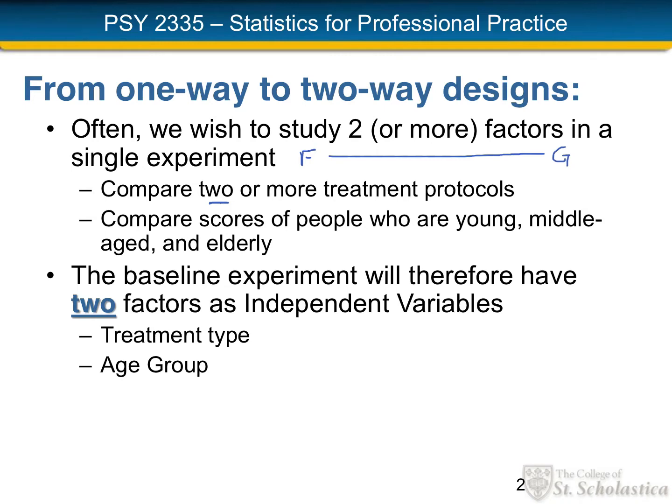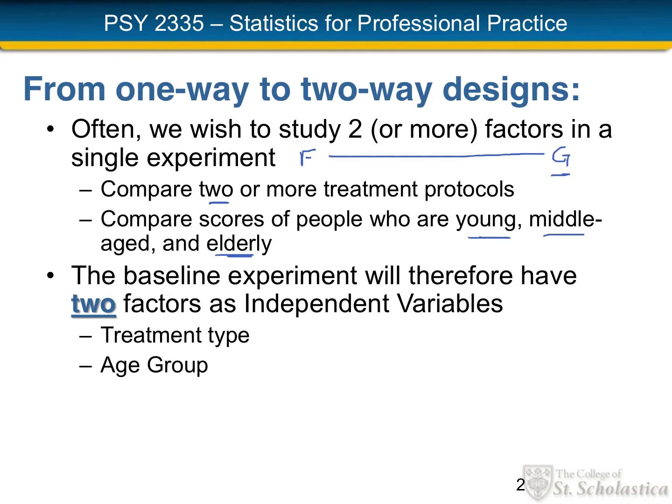It would be possible to look at, say, young people, perhaps people of grade school age, a middle-aged group, maybe college students and young adults, and then an elderly group, and see whether these different treatment protocols were more or less likely to change their growth mindset within the different age groups.